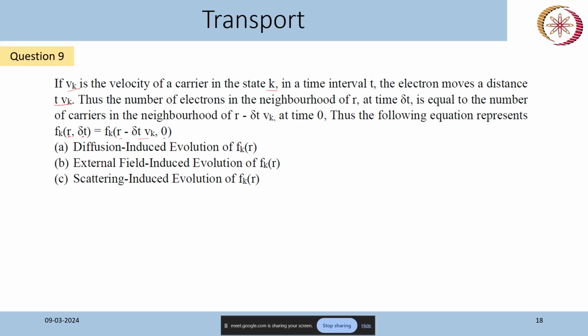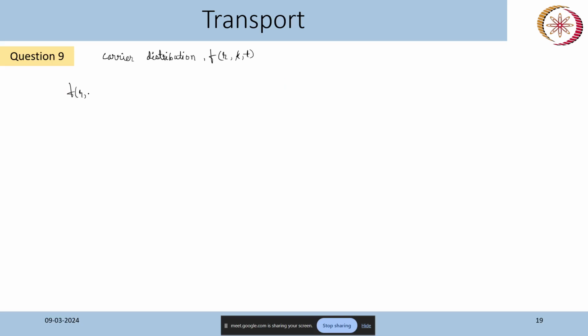And what does f mean? It means the probability of finding the carriers at position r with momentum p, which is equal to h bar k.